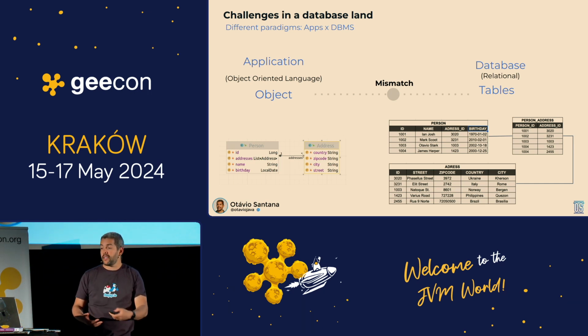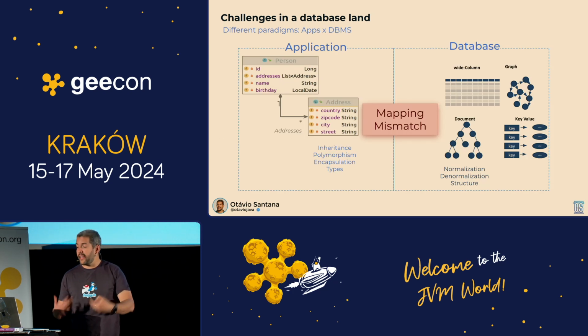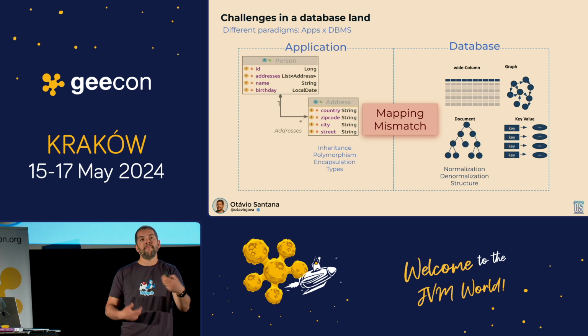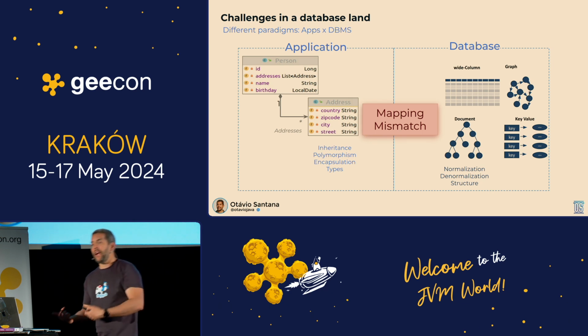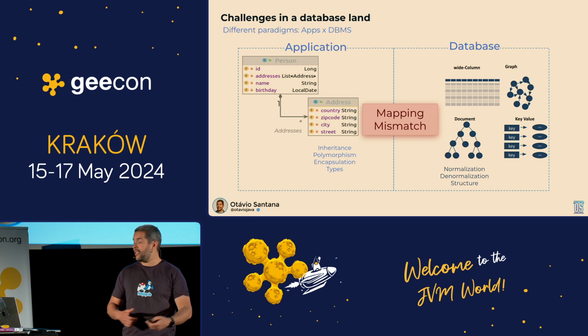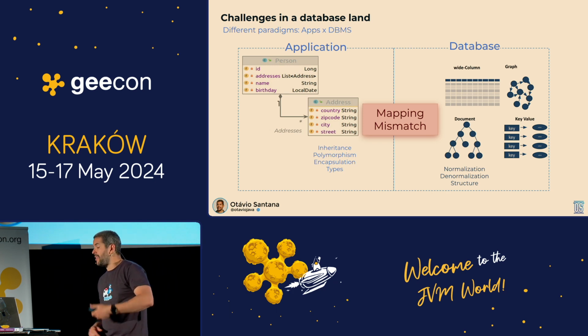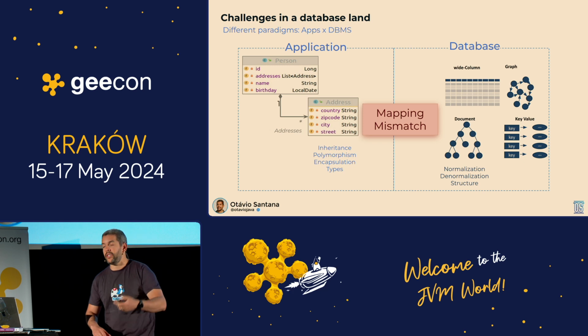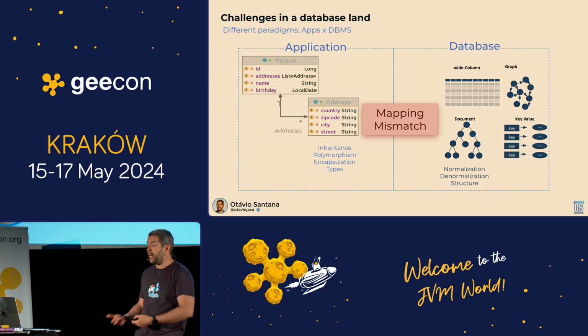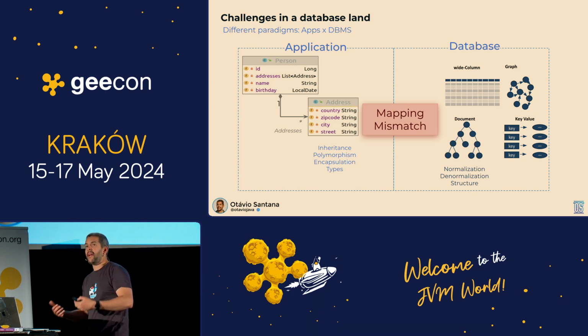Because I cannot speak inheritance, polymorphism, encapsulation, and different types inside my database, because those belong to my language. On the other hand, my language will not understand normalization, denormalization, and different kinds of structures, because those belong to the database.